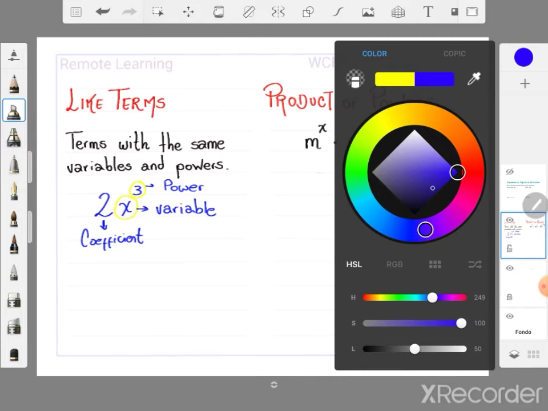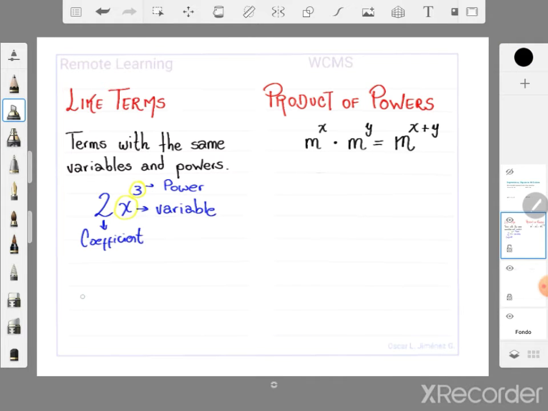For example, if you write negative 5a to the second power and 7a to the second power, do we have the same variable? Yes, we have a. Do we have the same power? Yes, the second power. So these terms are like terms.